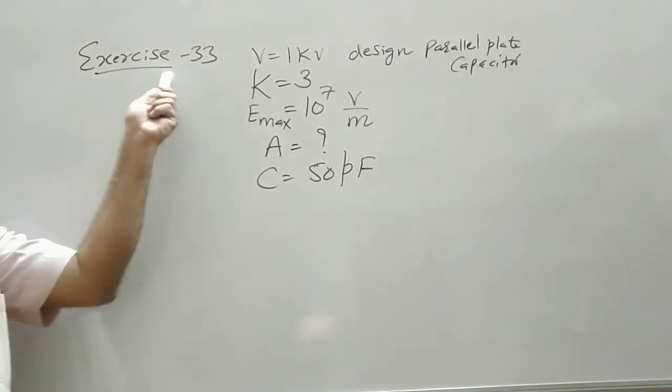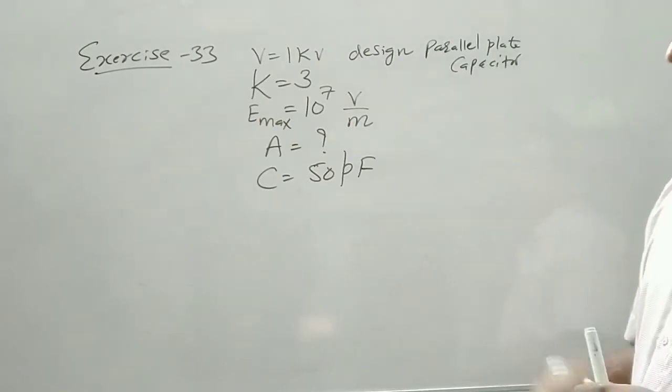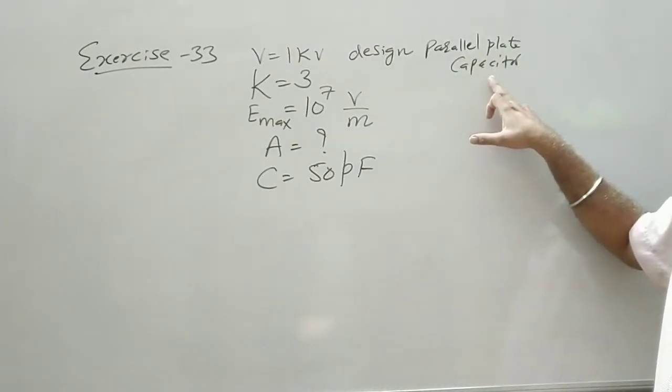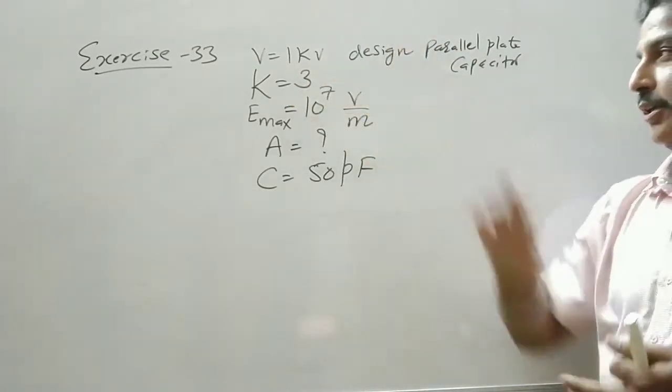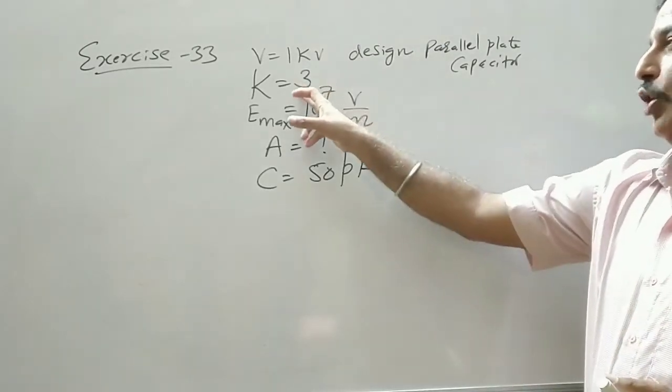Now let us come to exercise question number 33. The question is, we have to design a parallel plate capacitor whose rating is 1 kilovolt, with the dielectric constant to be 3.